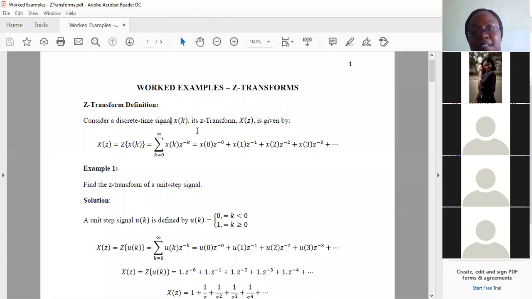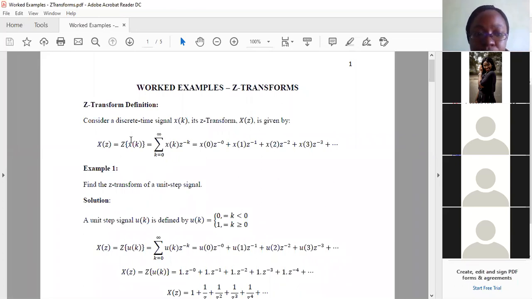But the most important thing is that k is an integer, be it positive or negative. But in continuous time, it's just the independent variable. It can be a fraction, it can have decimal parts. So that's the difference.